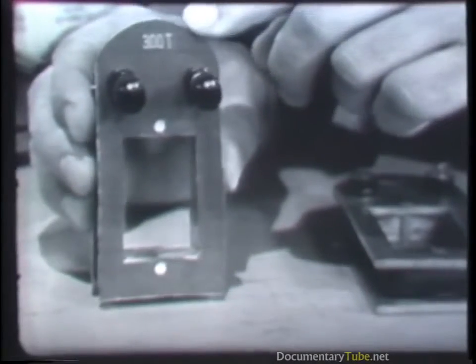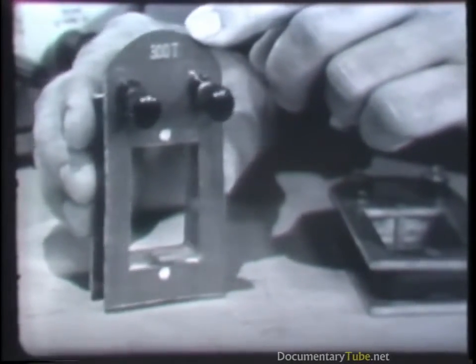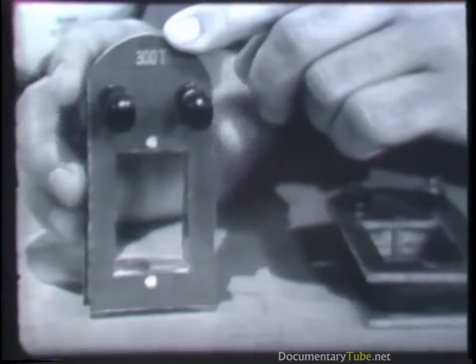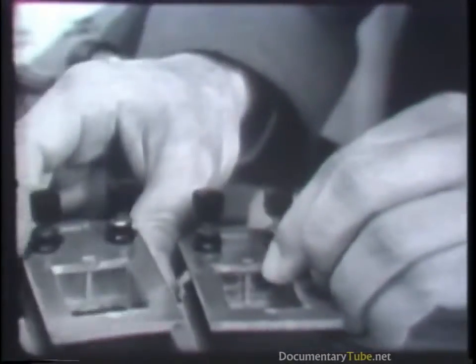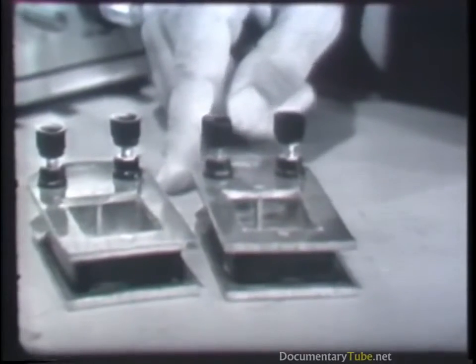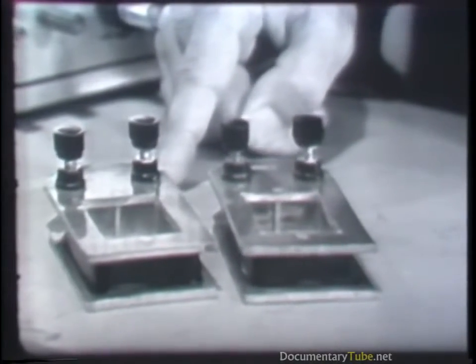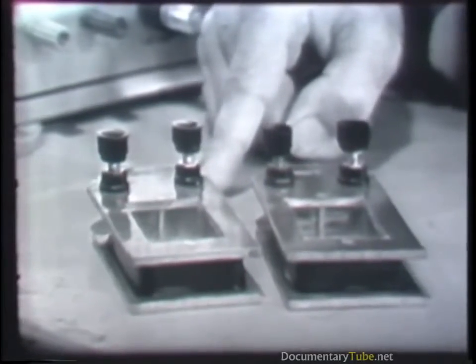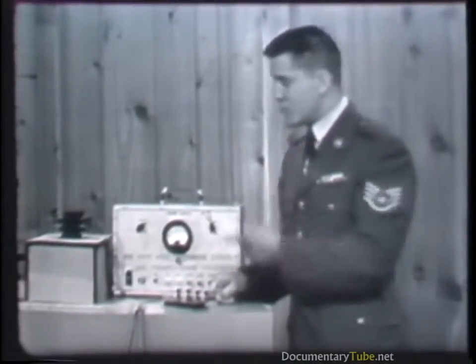This winding has 300 turns. Its normal resistance is 20 ohms. The big difference in these two windings, however, is that one of them is shorted and one of them is open. So let's use our ohm meter and see if we can tell which is which.